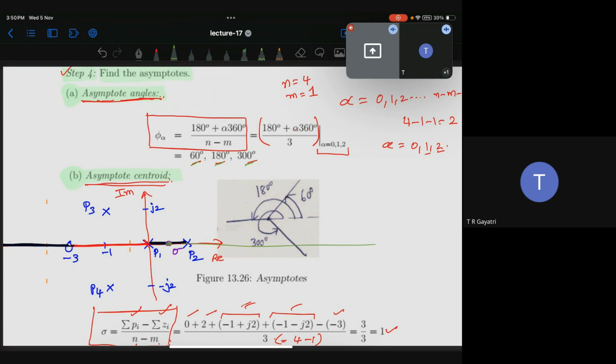So we'll go like this. This will be 60. Next is 180. This will be 180. Next is 300, or minus 60. This will be 300. Got it? So these are called the asymptotes, the green ones. The green ones are called the asymptotes. So I'll take this one.